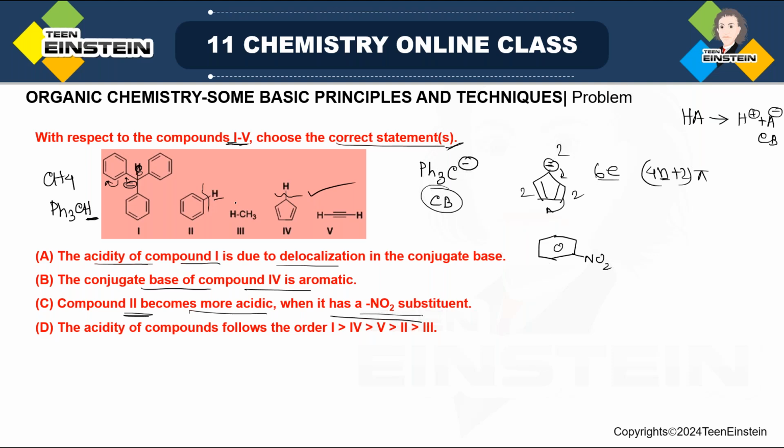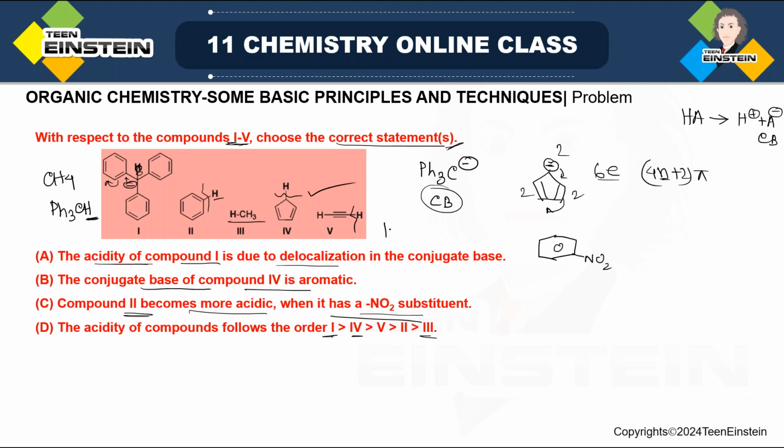Now A true, B true, C true. Is D also true? It is saying that the acidity of compounds follows the order 1, 4, 5, 2, 3. Now 1 cannot be at first position. Even if you are not sure about the others, 1 cannot be at first position. So it is placing 1 at first position, 4 at second position, but that is actually not correct. 3 is at last. That is okay because it is simply a methane molecule, and if you are removing H, you will get CH3 minus and there is no stabilizing factor.